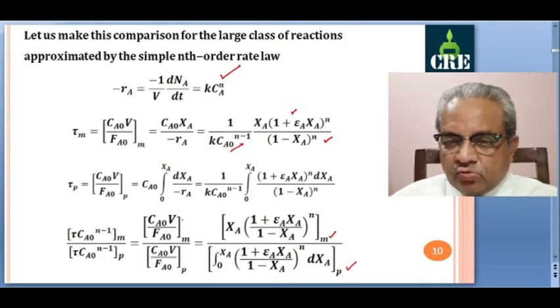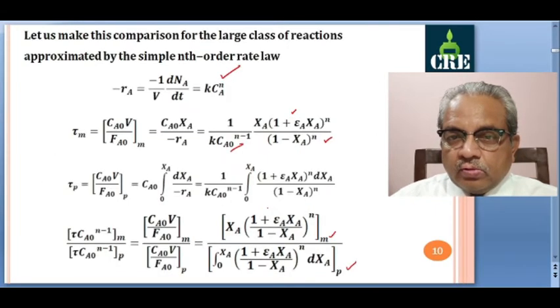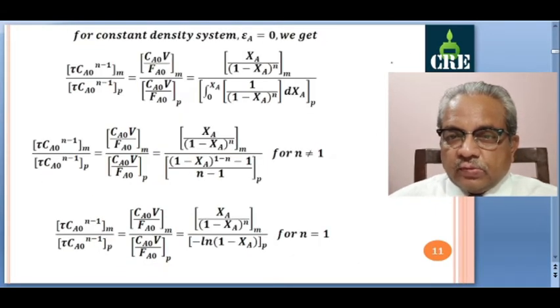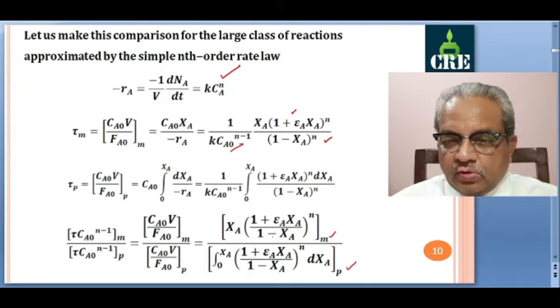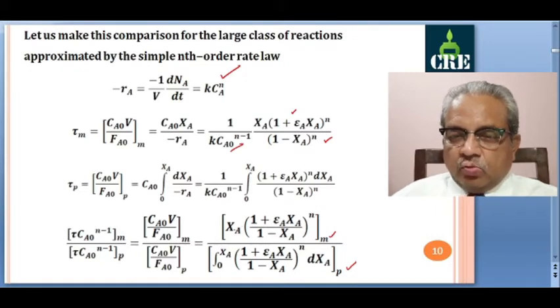When epsilon is equal to 0, what happens? This becomes 0. So we get in the numerator Xa by (1 minus Xa) raised to n, since 1 raised to n is 1.